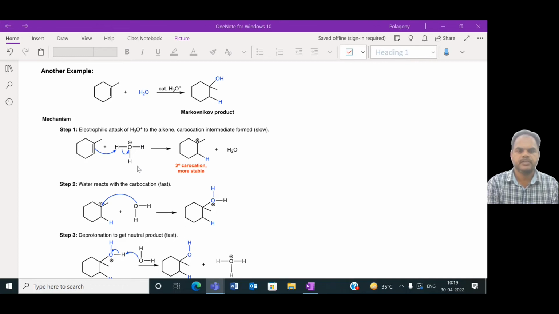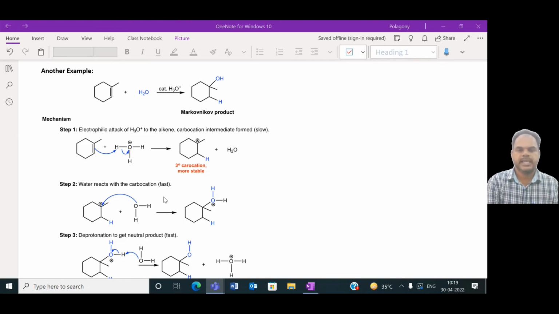That means the pi electrons are given to this proton, the bond breaks, and the sigma bond is converted to a lone pair. Then the proton is added to this carbon and the carbocation is formed. So this is a 3-degree carbocation, which is more stable. H2O is formed as a byproduct.